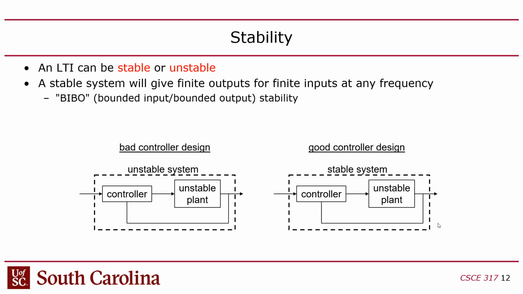Because most physical systems are unstable, meaning that you can give them a bounded input and you won't necessarily get a bounded output. You could give it a bounded input, and the output can go to infinity. Right? That's an unbounded system.